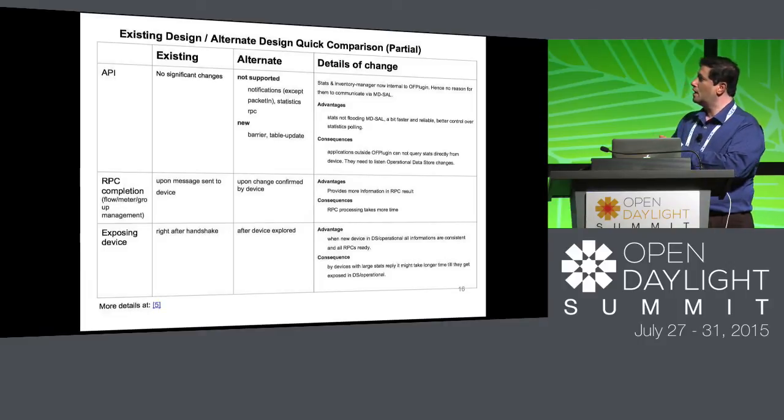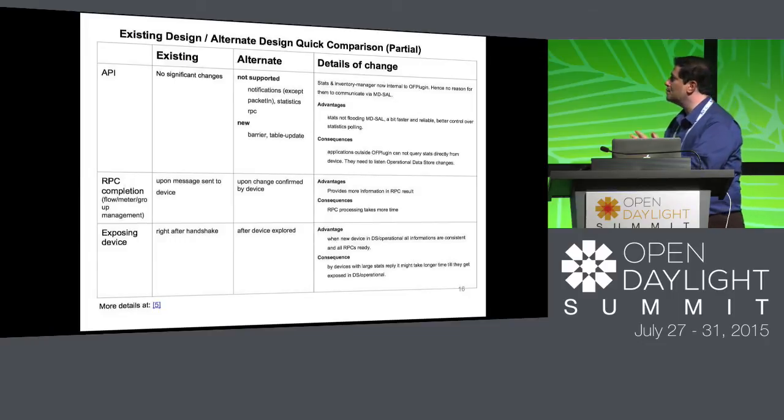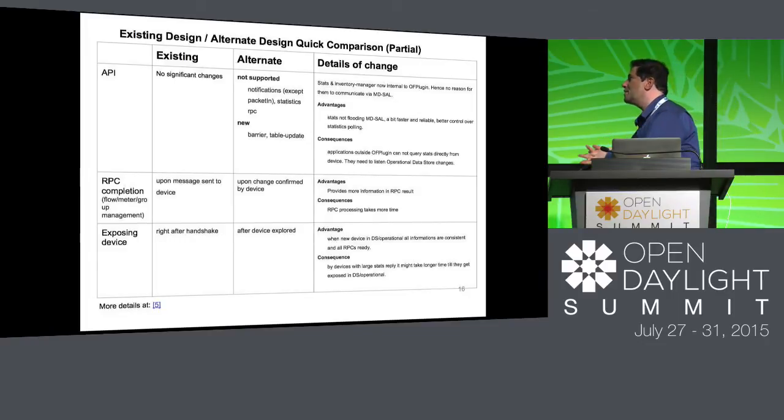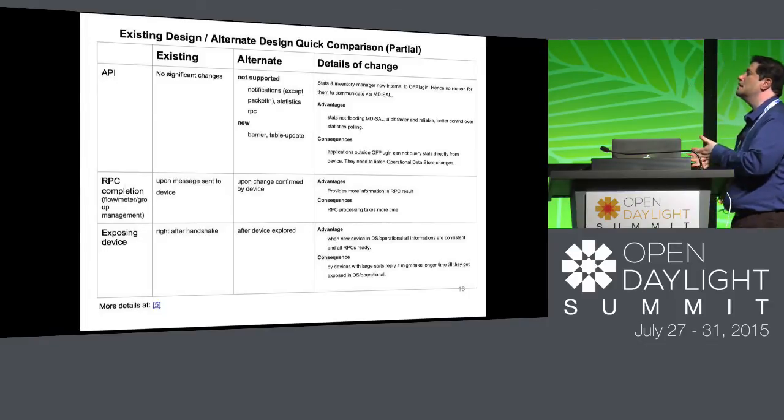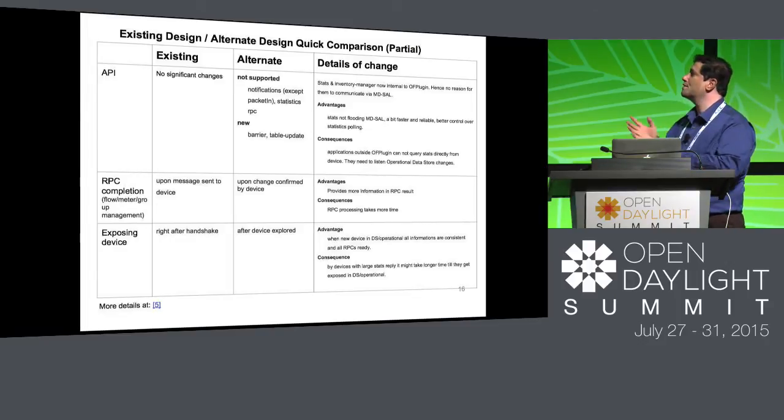The advantage of this is that the stats are not flooding the MD-SAL, and it's a faster and more reliable mechanism and has better control over the statistics polling. But there are consequences with respect to the applications outside of the OpenFlow plugin. They cannot query the stats directly from the device.